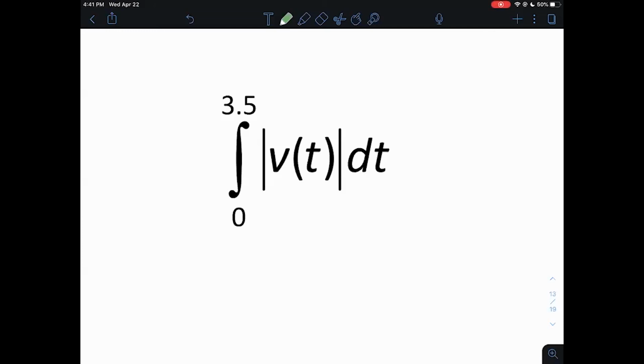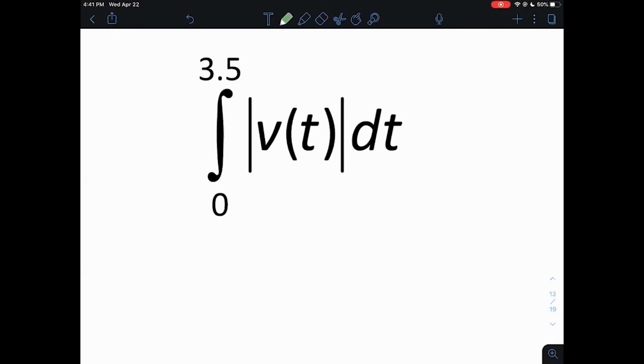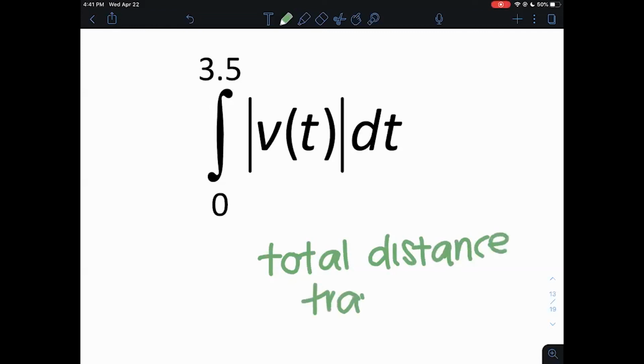So in this case, we would be looking at the total change in position without forward and backward movements netting to 0. So that would give us the total distance traveled between time 0 and time 3.5. Even if some of those distances in terms of direction completely cancel each other out, that doesn't matter when we turn this to absolute value.